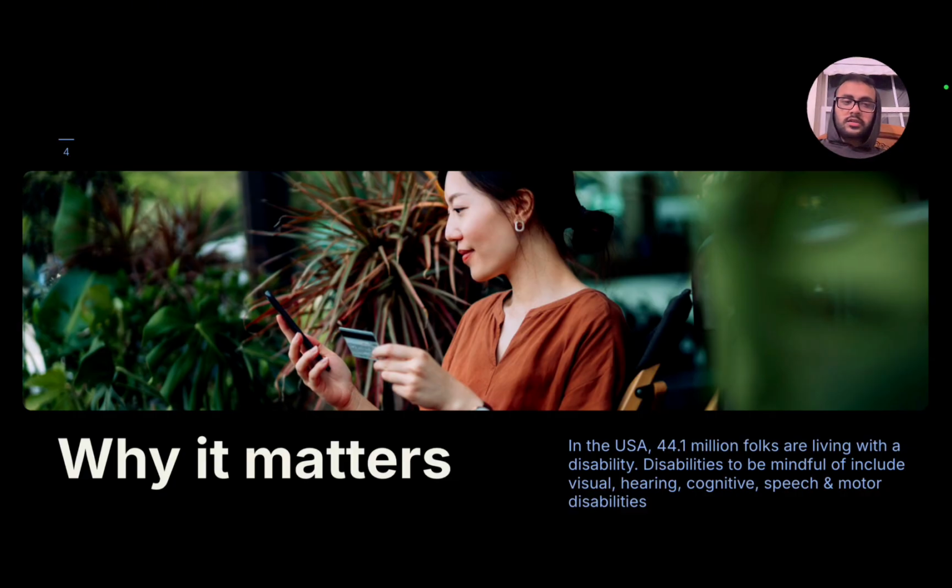They might have a cognitive disability, so they're not neurotypical. They may have a visual or hearing disability. Maybe they're hard of hearing or visually impaired. So there are 44.1 million folks in the USA alone with disabilities. So it definitely matters to take that into account when it comes to designing web pages.